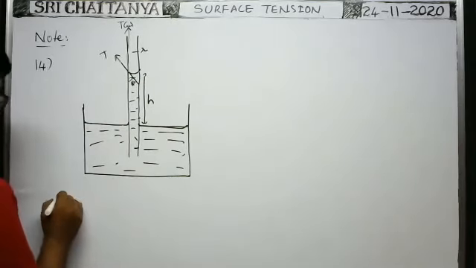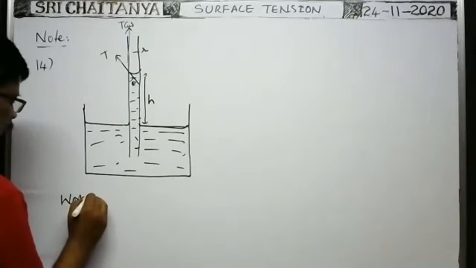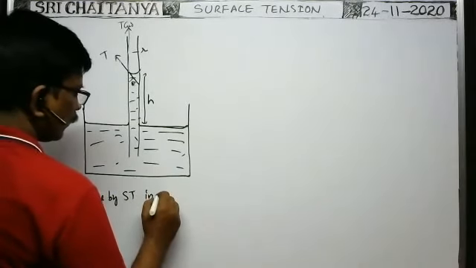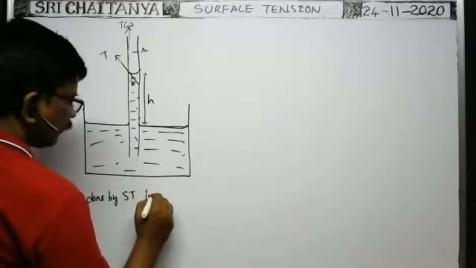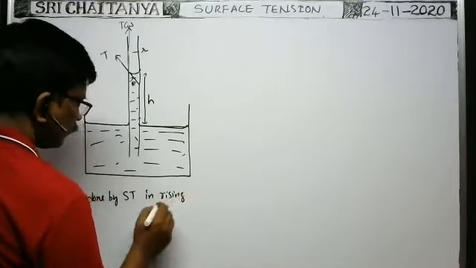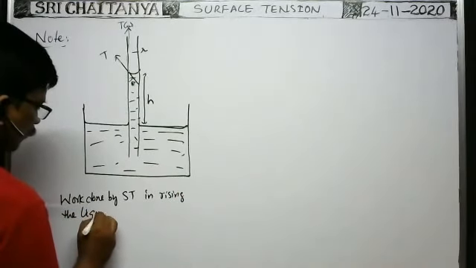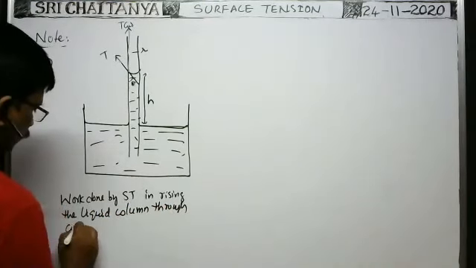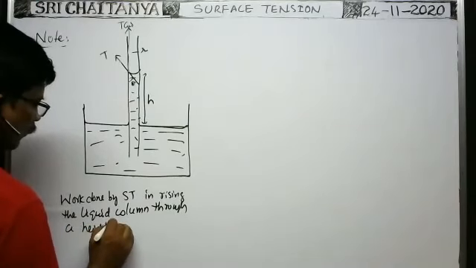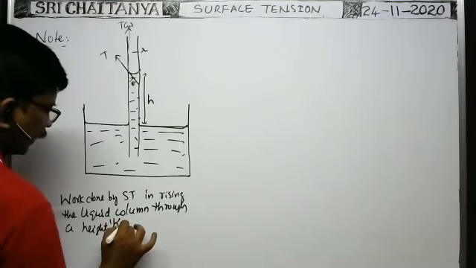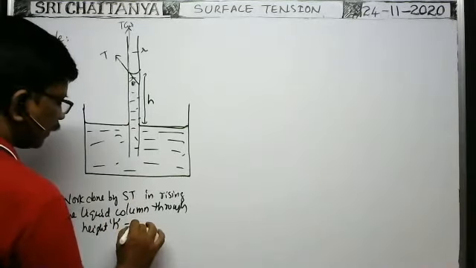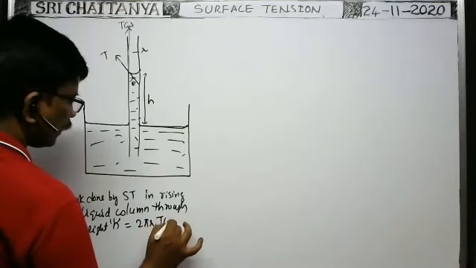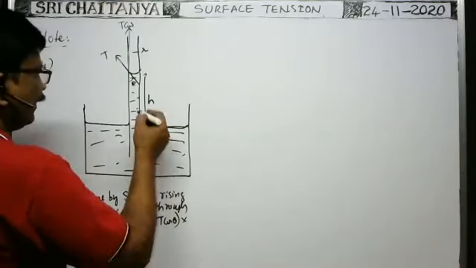First we write the work done by surface tension in raising the liquid column through a height small h, which is equal to the force due to surface tension acting on the meniscus, T cos theta into 2 pi r, or 2 pi r into T cos theta, into the displacement of the meniscus.